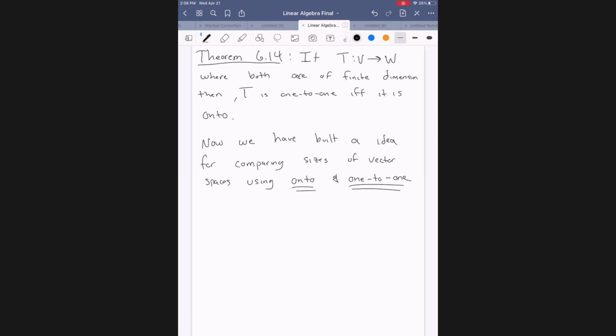So the whole point of this was that I'm trying to compare the size of a vector space V in comparison to a vector space W.